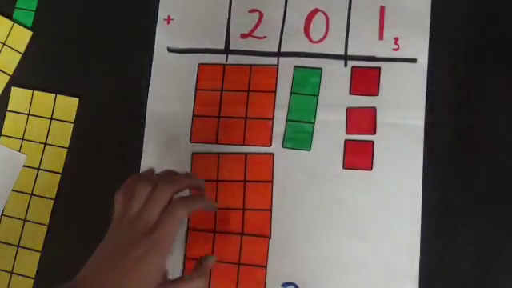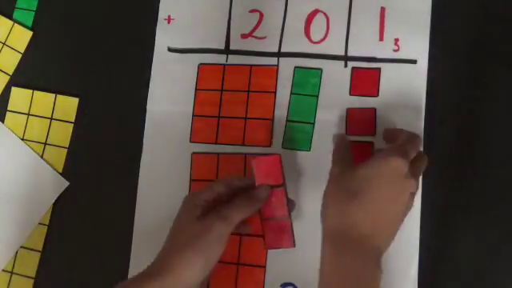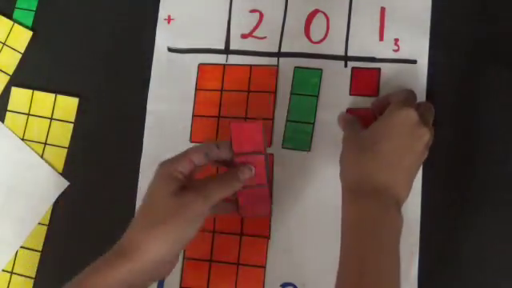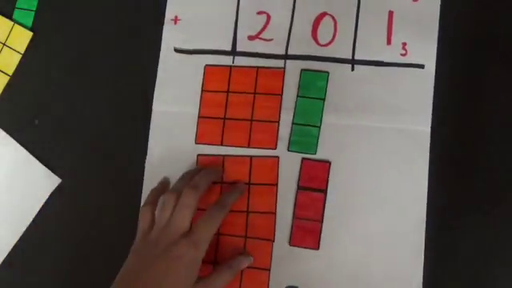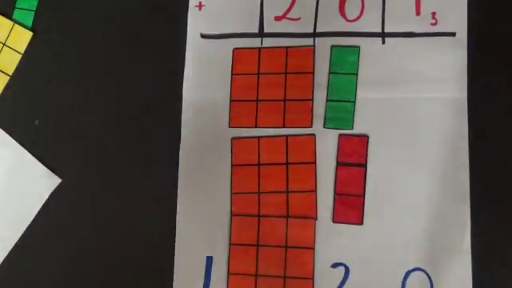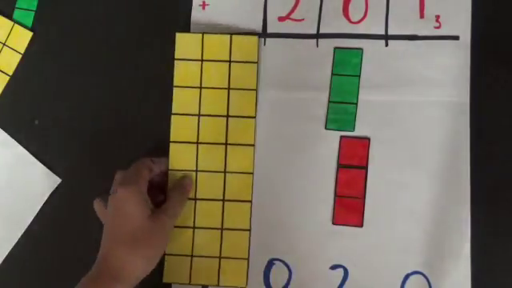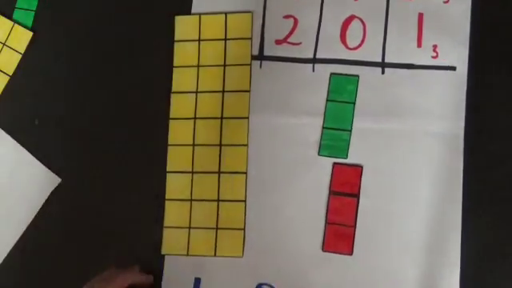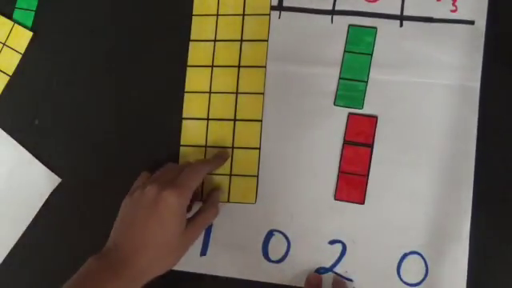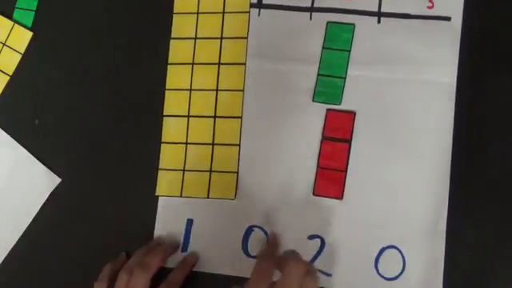Now let's look at the blocks here. These 3 ones show that they can be converted into 1 3. And in the 9th place, there are 3 9s that could be converted into 1 27. So now we have 1 set of 27, 0 sets of 9, 2 sets of 3, and 0 sets of 1.